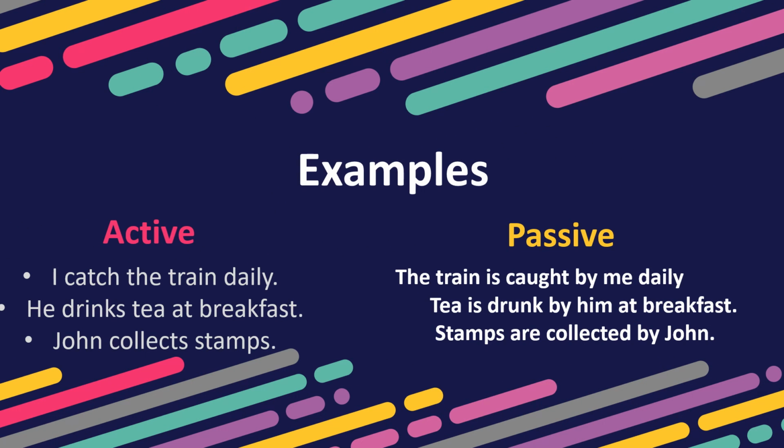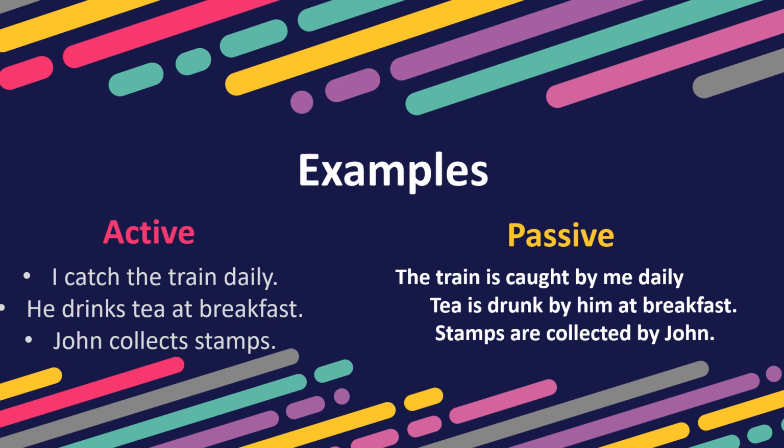An example of active voice for simple present tense is: I catch the train daily. Now, when I change it into passive voice: the train is caught by me daily. Here I is changed into me, then we have used by. The train comes at the start and there is use of is because the train is singular, and caught is the third form of catch.